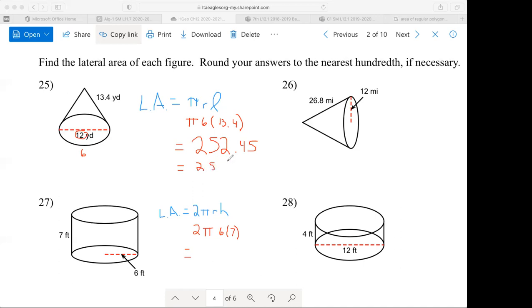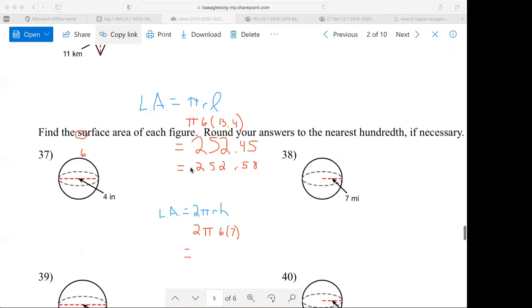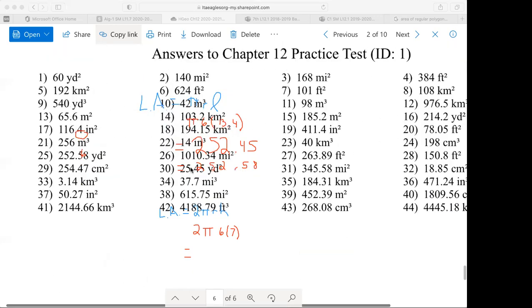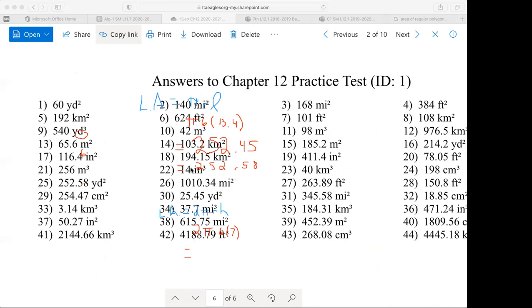Yeah, so notice it's a difference, but it's not a huge difference. The answers that you will see in the back here, if I go to number 25, it won't say 252.45. It's going to say 252.58. So notice it says 252.58 for number 25.